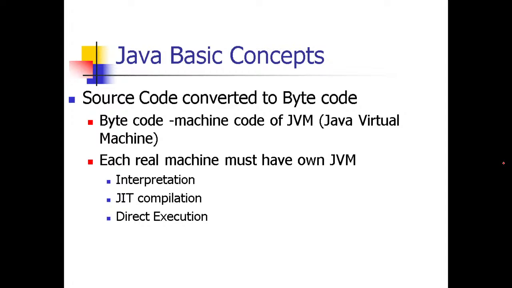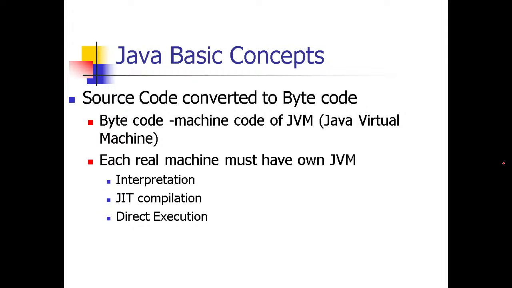Now the Java basic concept: source code is converted to bytecode, and bytecode to machine code of the JVM, because this is the major concept of Java programming. First of all, source code is converted into bytecode, which is a machine independent code, and this makes Java platform independent.